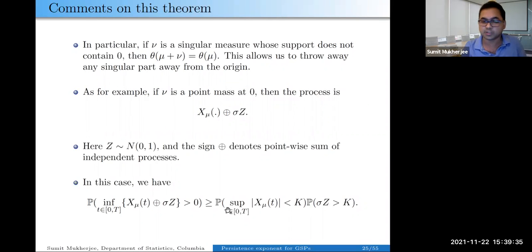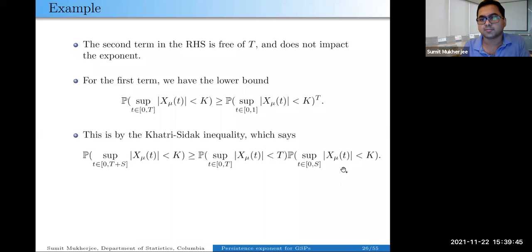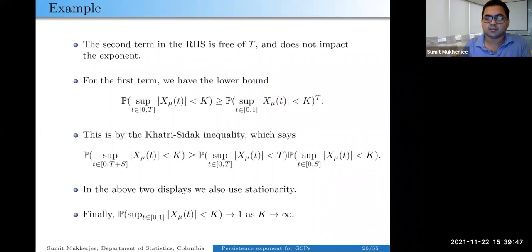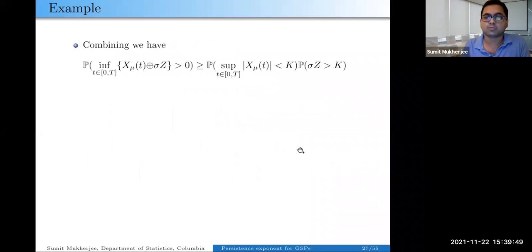At the exponential scale, this is very close to 1, so this is like e to the power minus small o of t. In fact, one can give much better rates if one wants to. But what we get is this lower bound, and this is e to the power minus small o of t.